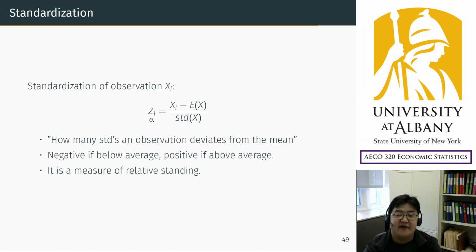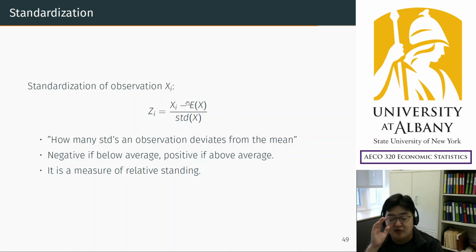I am going to define z as a new random variable, which is a standardization of x. You can think of it as another transformation of a random variable, and you may use this as a measure of relative standing.